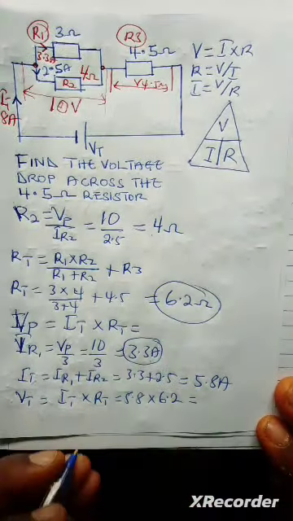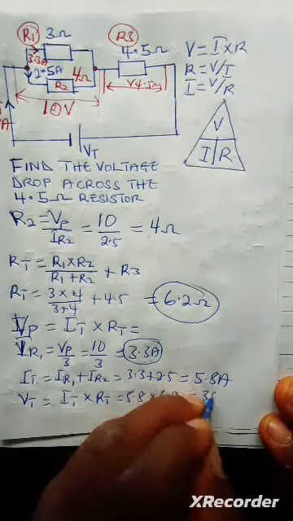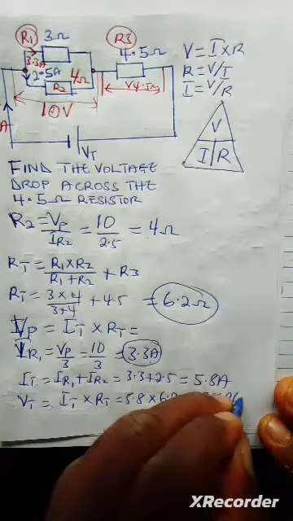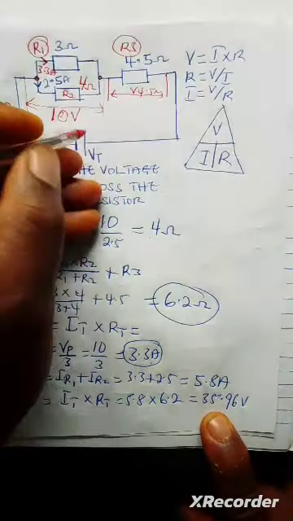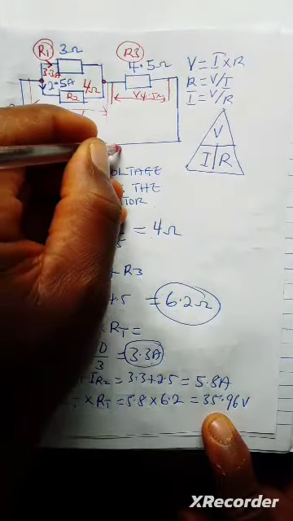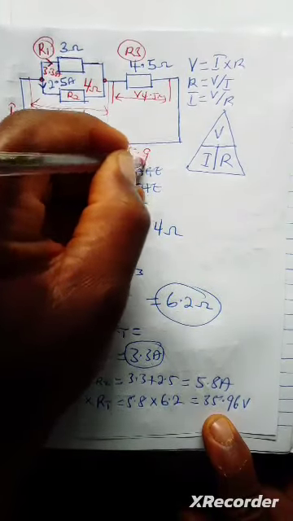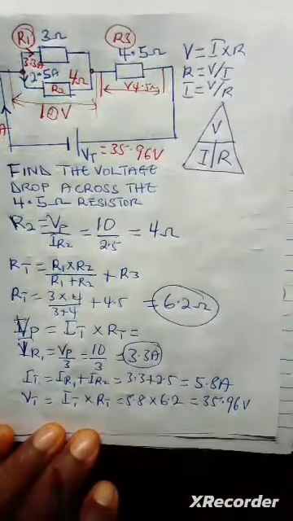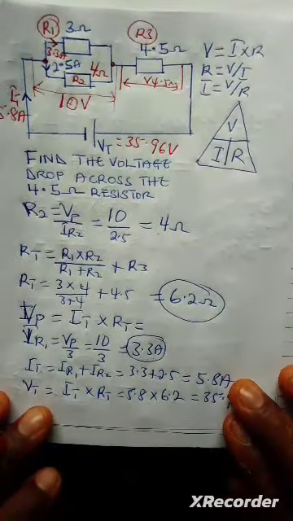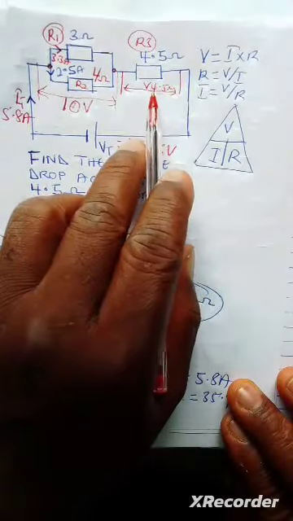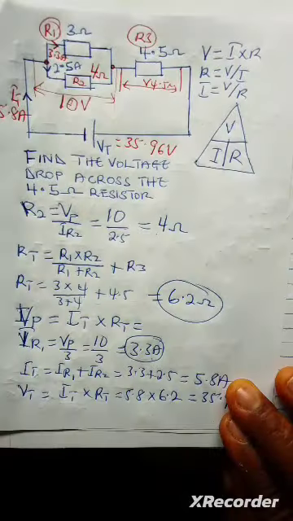So our answer will be 35.96 volts. Now that we have this, our supply voltage, the total voltage, is 35.96 volts.